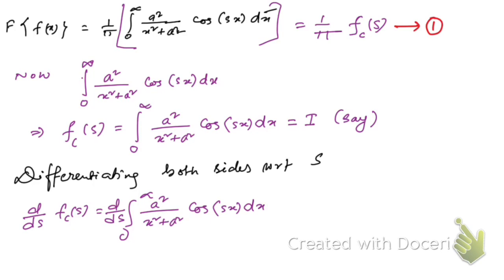Okay, let me keep it this way. If you don't want to assume this side, then also it's fine. No need to consider this one. This is nothing but what? This is nothing but the Fourier cosine transformation of a square by x square plus a square, right?